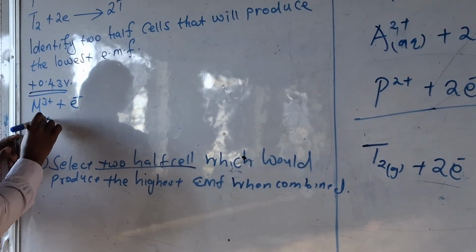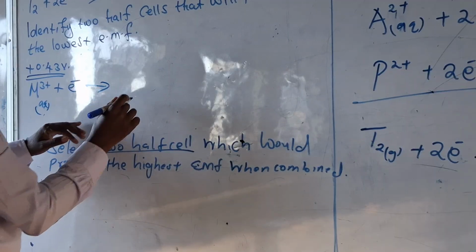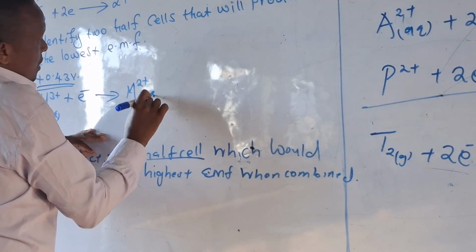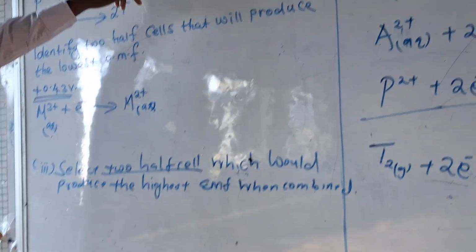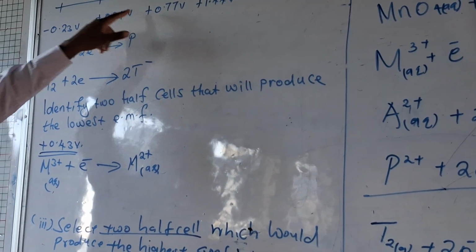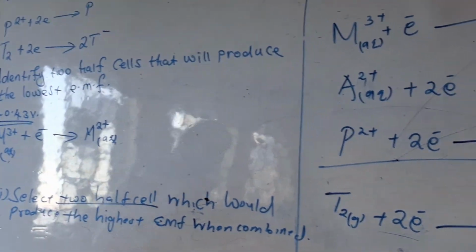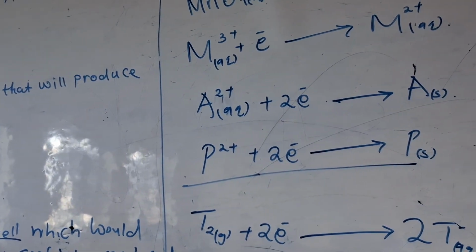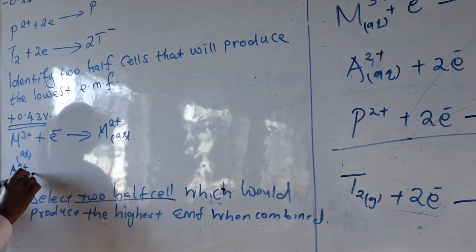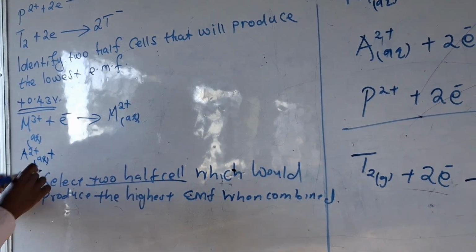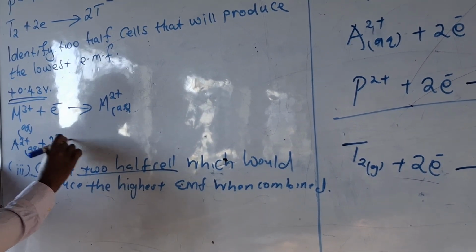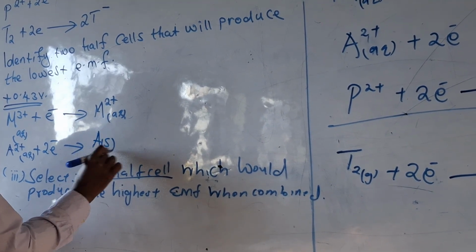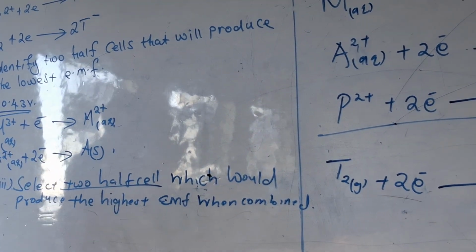Okay, this is aqueous. What do you form? M2 positive aqueous. And which one? This one and this one. Which one belongs to 0.34 is for A. So the other side half cell is A2 positive aqueous plus what? 2 electrons. Okay, what do you form? A, which is a solid. Like that. So those are the two half cells.